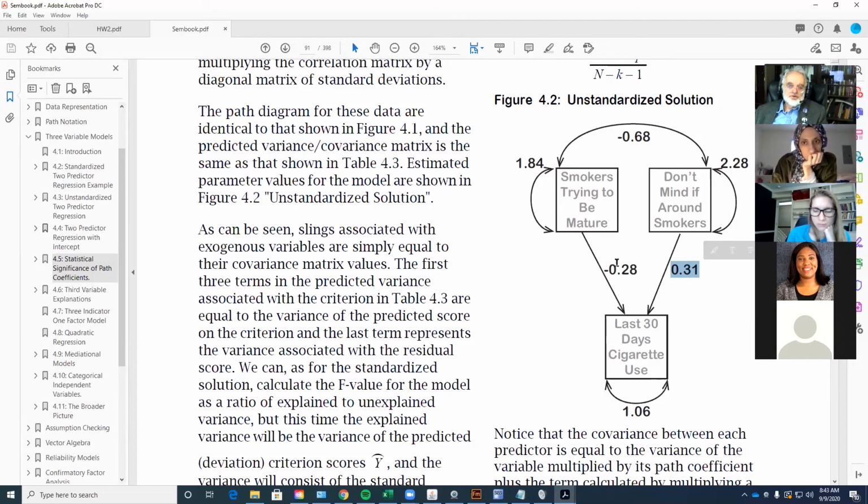Because the correlation between smokers trying to be mature and the last 30 days is going to be this wrong number multiplied by this number times this number. I've got to make up the difference in my guess of this parameter estimate by adjusting this number. What I'm trying to say is a mistake over here is related to a mistake over here.